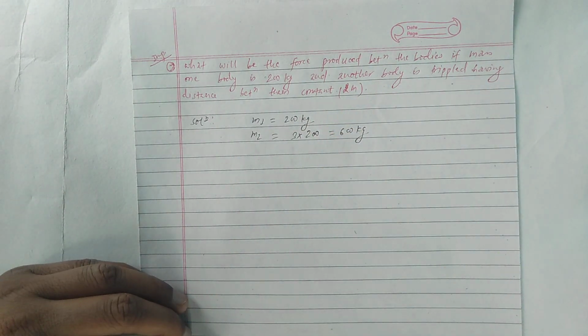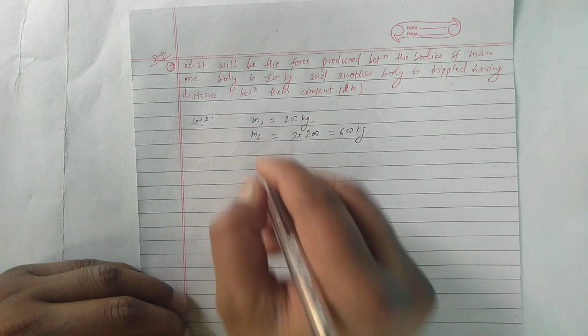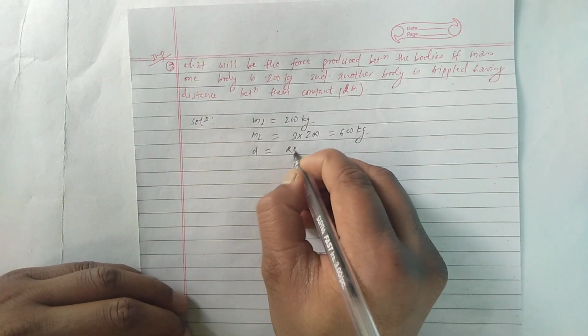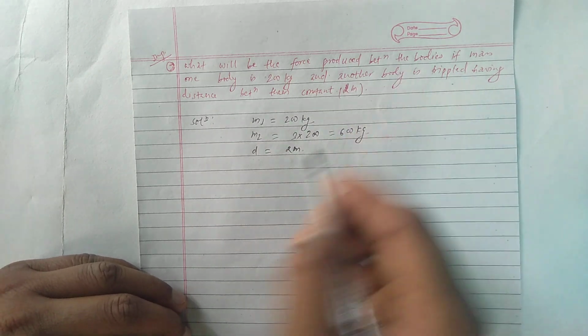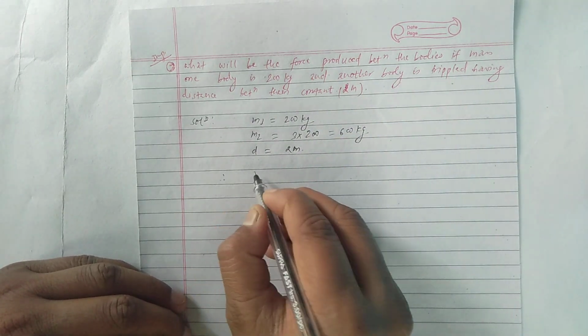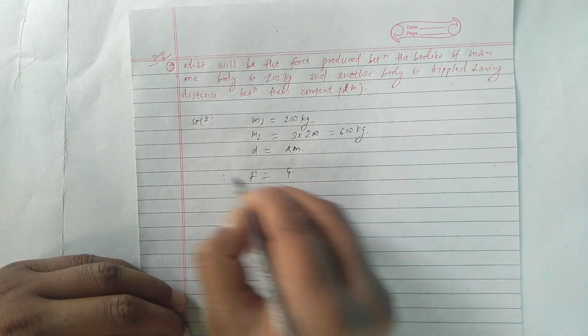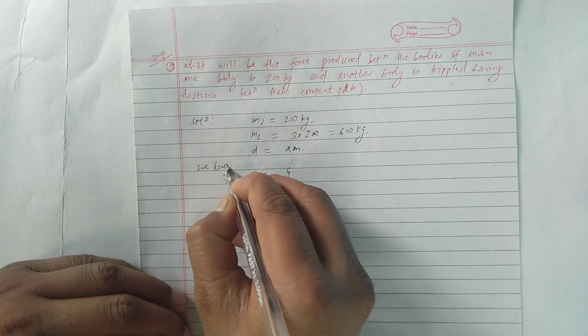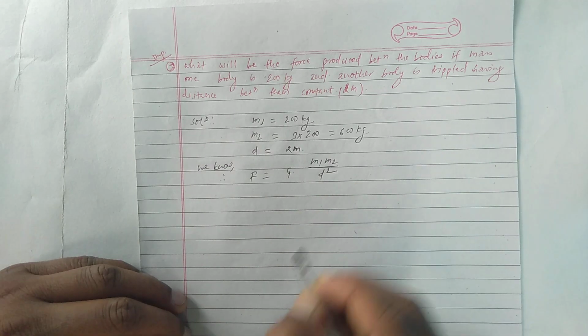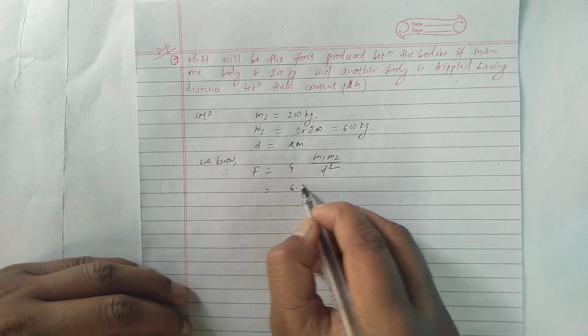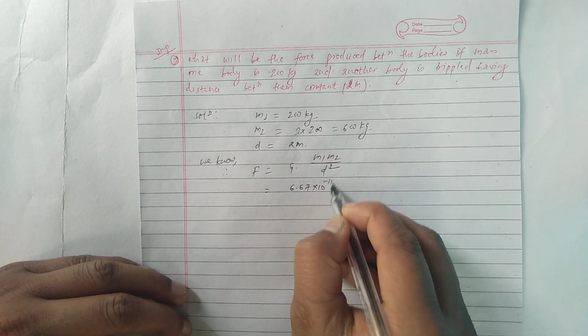Okay, so distance equals 2 meters. We have to calculate the force produced between the two bodies. So F equals, we know, G m1 m2 upon d square. The value of G is 6.67 into 10 to the power minus 11.